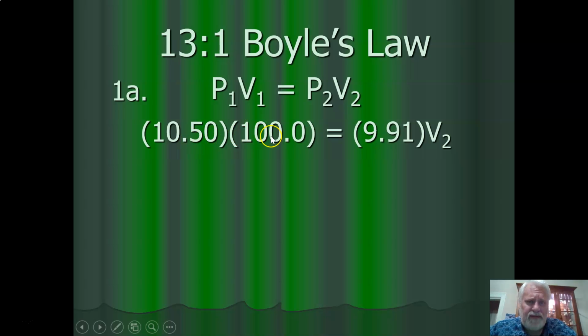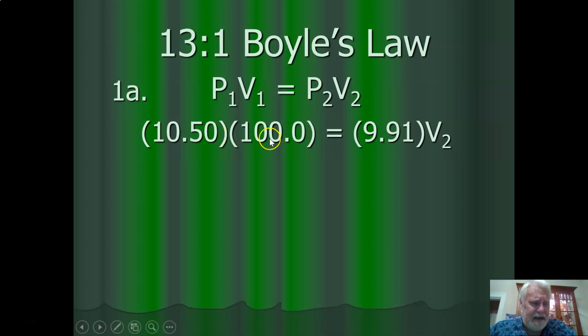Now, you wouldn't want to flip these two numbers because P1 has to be the first number. If you flip those numbers, then you would be saying that you think that the pressure is 100, when in fact that is the volume. Pay attention to sig figs when you do this. Even though your answer will only have 3 sig figs because of this, don't drop that 0 off.